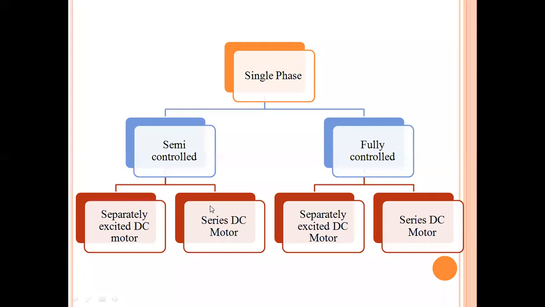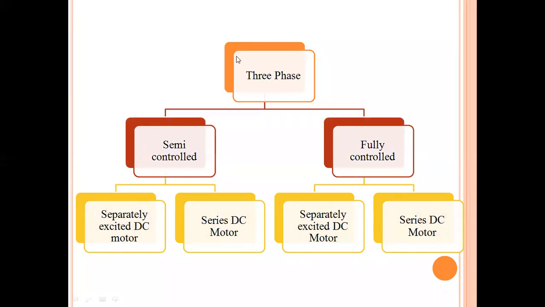Okay. So this is the classification under single phase supply. If we want to see the classification under three phase supply, so this is the classification under three phase supply. See, this three phase supply is given to semi-controlled as well as fully controlled in order to control the separately excited DC motor and series DC motor.